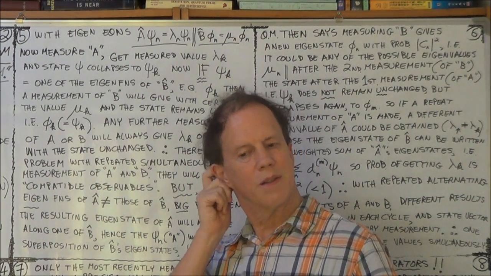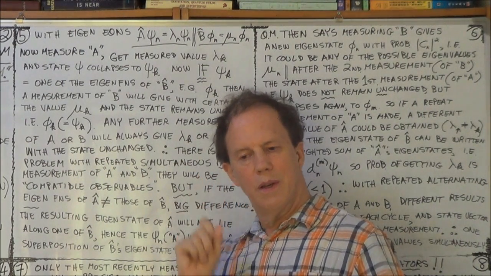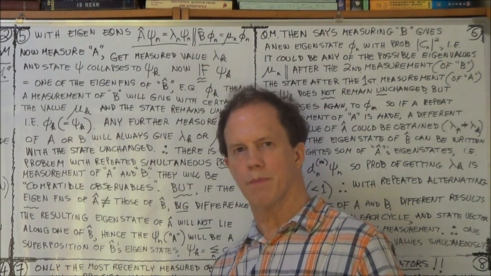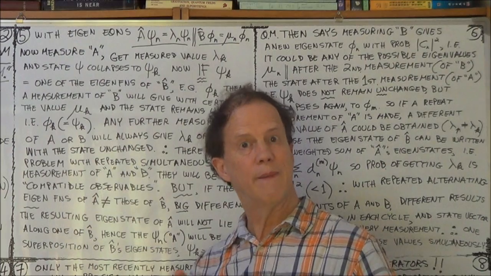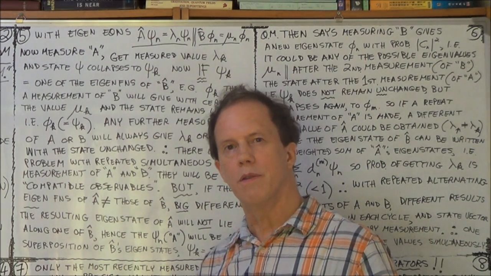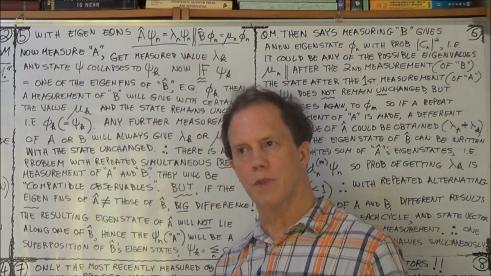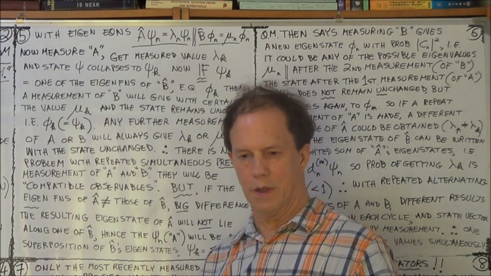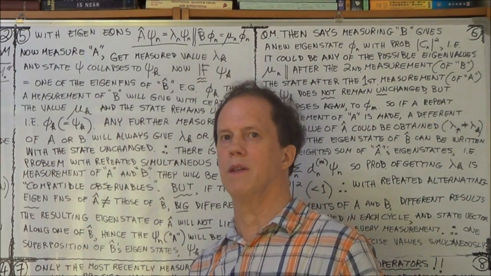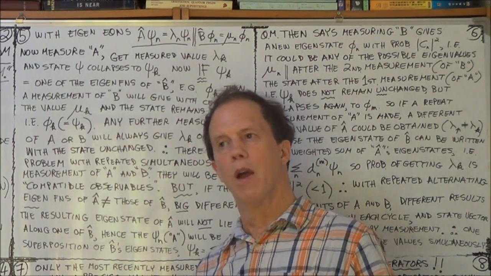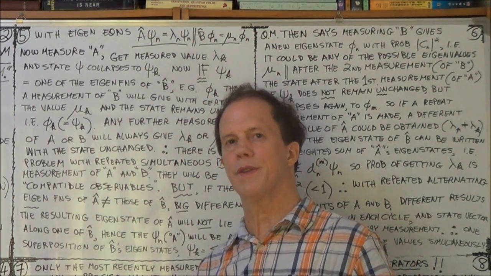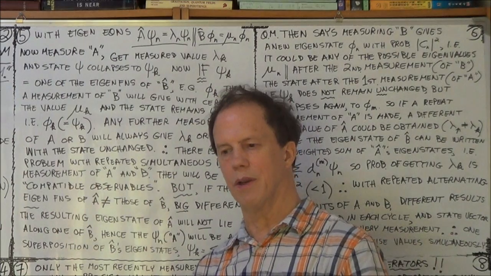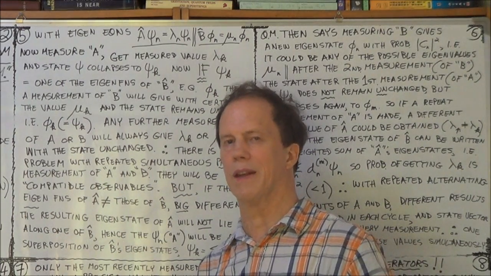And that strong hint was to make two measurements on a quantum system, so general wave function psi, and to measure, so your two observables are A and B. So first was to measure A and then immediately measure B, or to measure B first and then A, and look at the resulting wave function that you get.